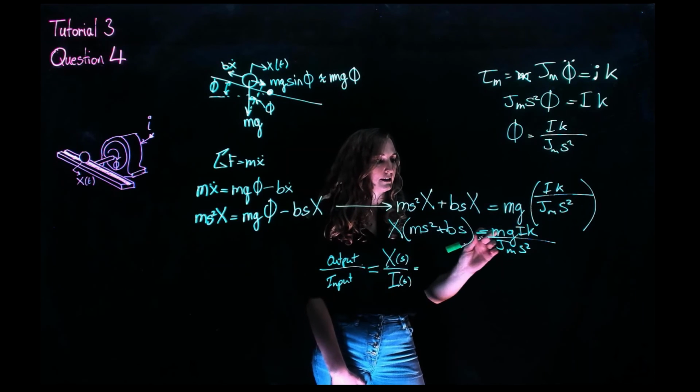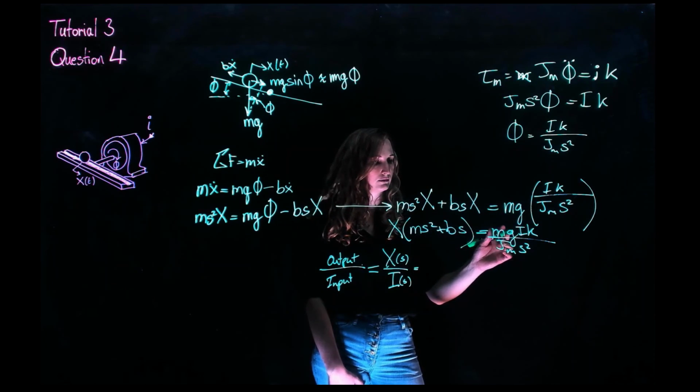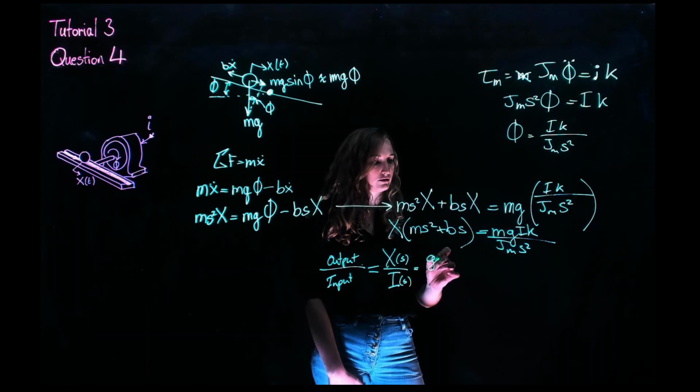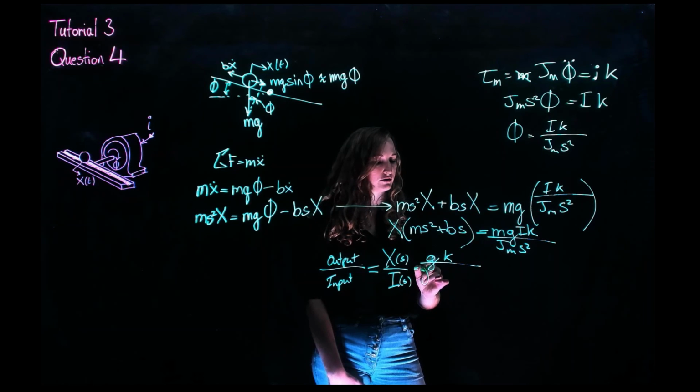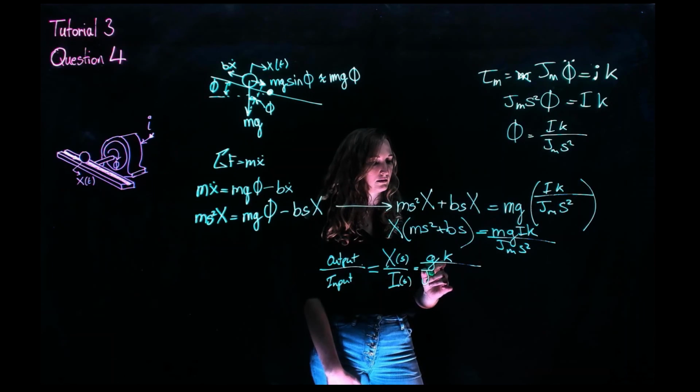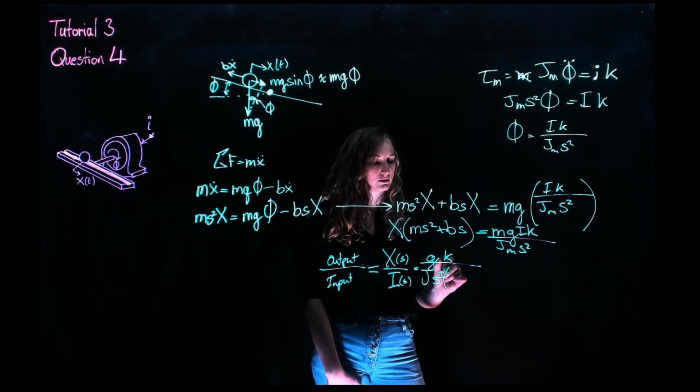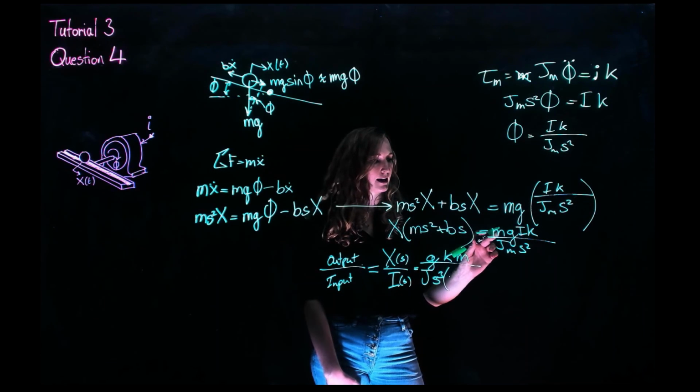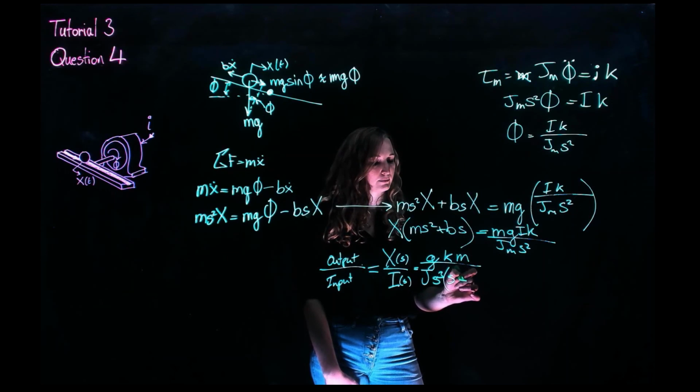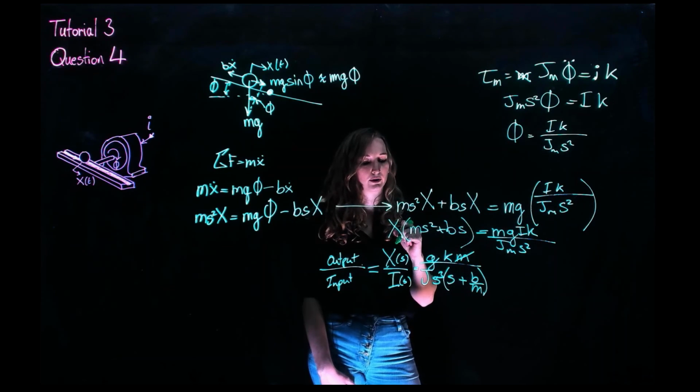And that is going to be equal to gk over j s. We'll factor out an s here to get s cubed. And don't forget the m in the numerator, sorry. And here we have s plus b over m. If we factor out an m, and then those two will cancel.